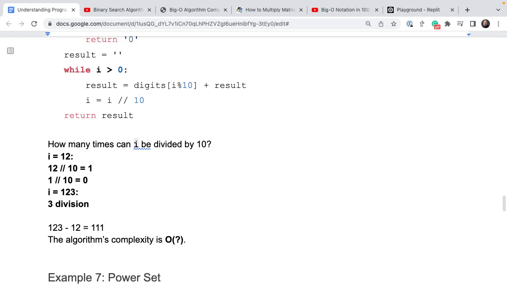So we increased by an order of magnitude, a power of 10, and we got 1 more step. What type of function, when you increase the input by a power of 10, increases by 1? Log base 10. So this is actually log base 10 of n.